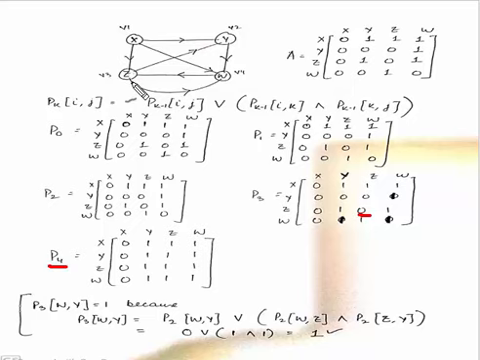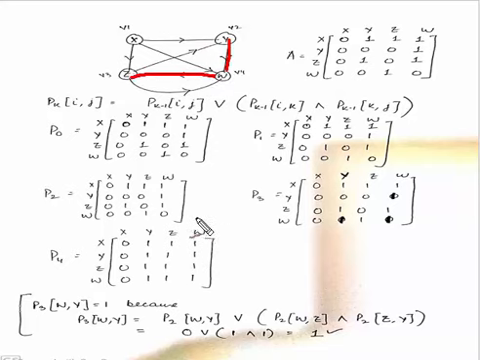So yes, from Z to W you can go, and then from W to Z you can come back. So that's why this entry is your 1. You take one more entry like Y to Z. You can go from Y to W and then W to Z. So that's why this entry is 1.